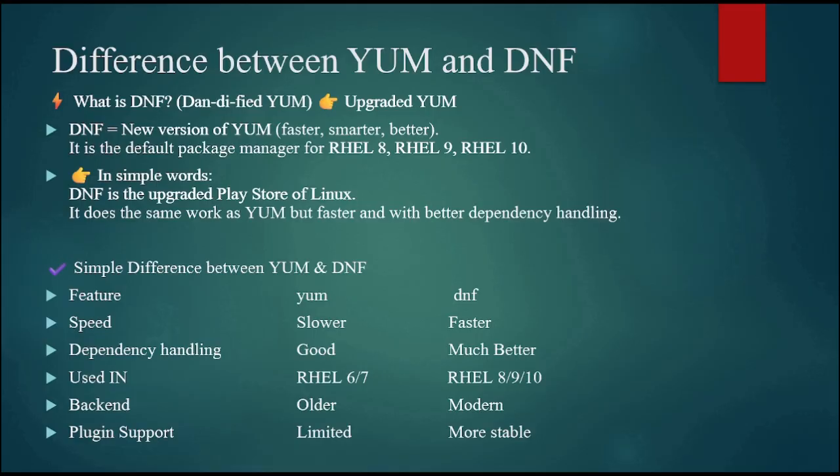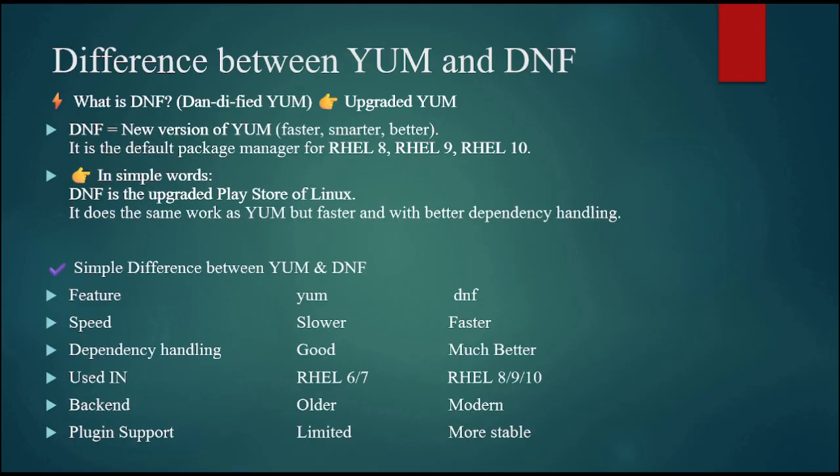So the simple difference between yum and DNF is by feature. The speed of yum is slower and the speed of DNF is faster. Dependency handling is good in yum and much better in DNF.